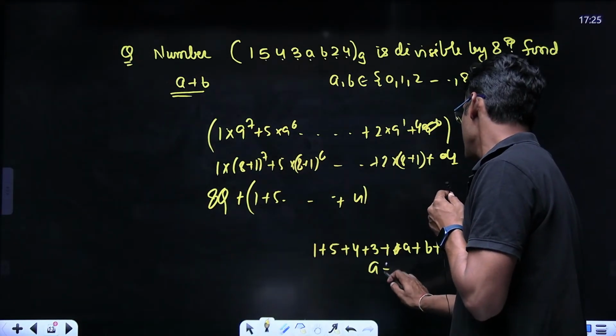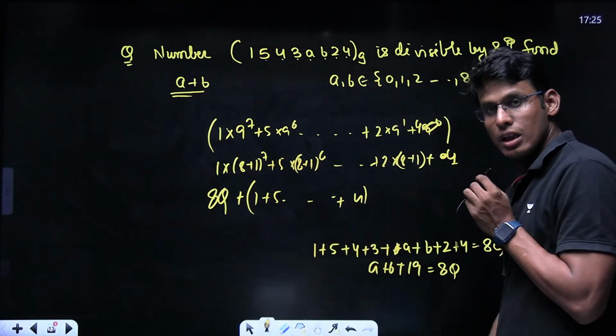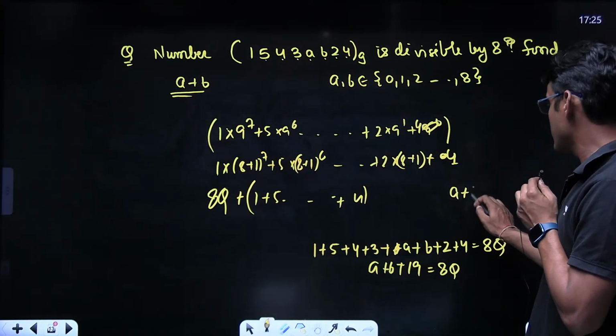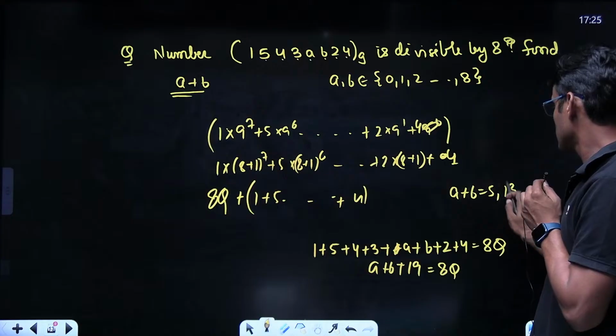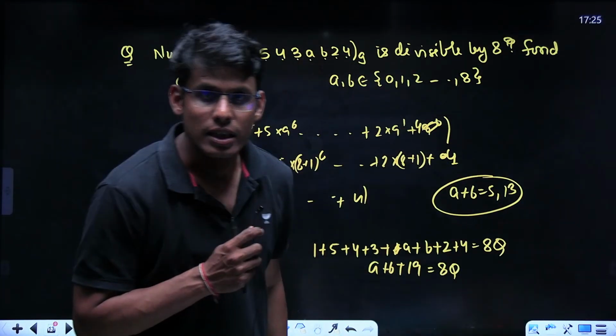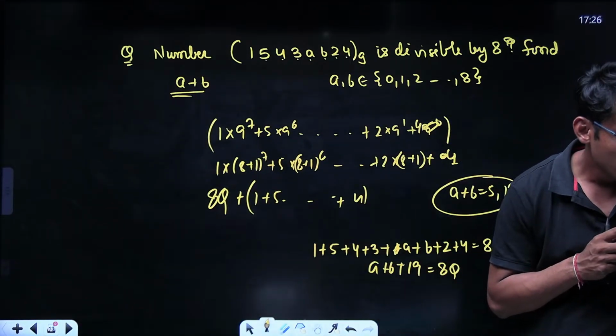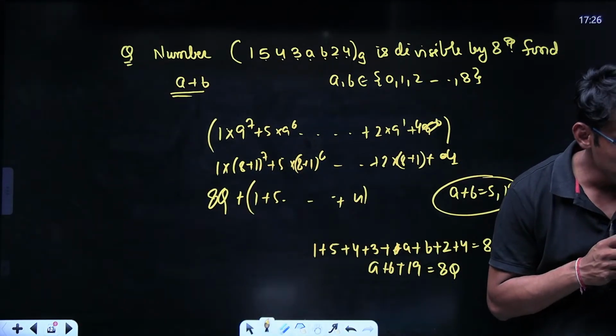What do I get? A plus B plus 5 is a multiple of 8. So A plus B is 3 or 11. Minimum is 3.